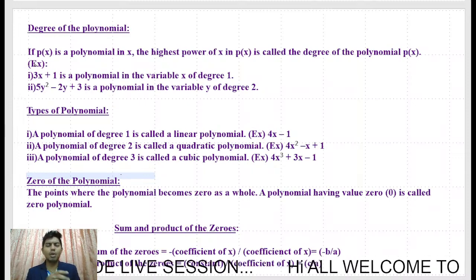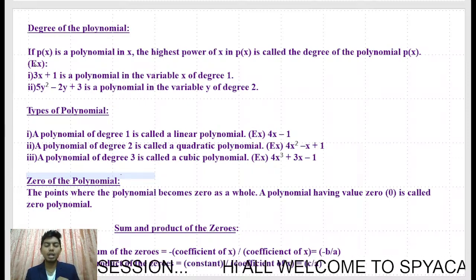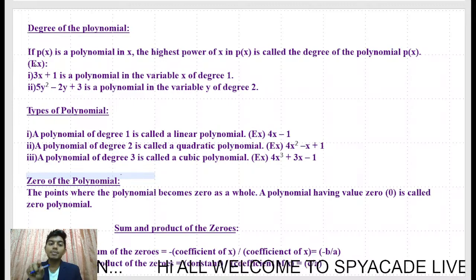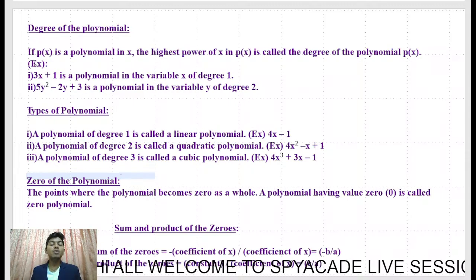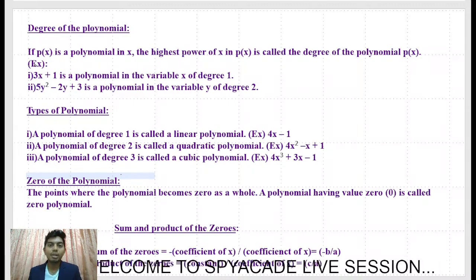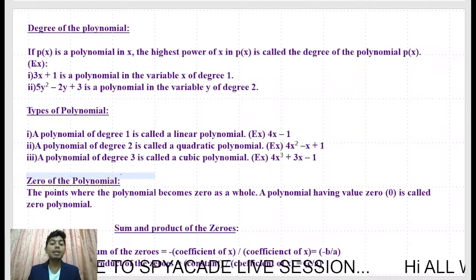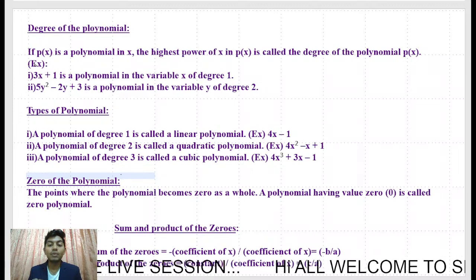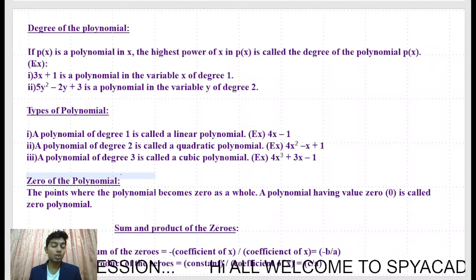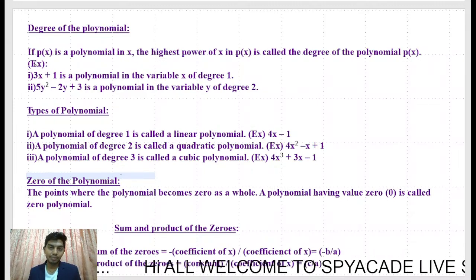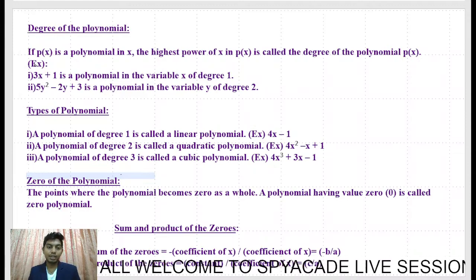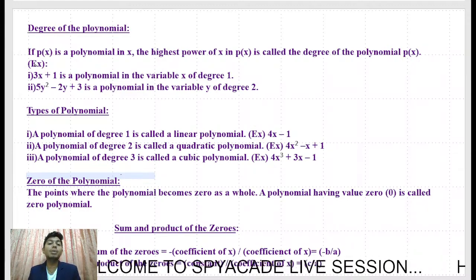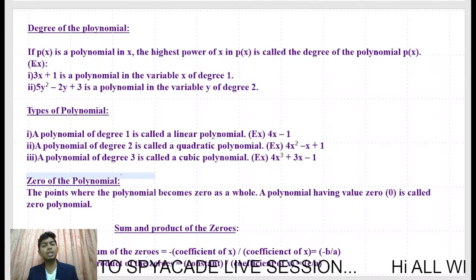That's what we discussed now: monomial, binomial, trinomial, classified based on the number of terms a polynomial has. Now, based on the degree, the highest power, we classify polynomials into three types.